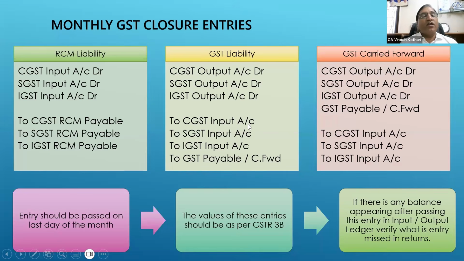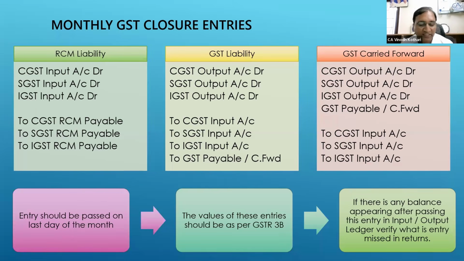In the same way, if you have an RCM liability, see what happens. If I am liable to pay RCM on rent, first, what do I have to do? There is a compliance procedure in RCM which many of them miss. Now they have made it mandatory that whatever RCM ITC you are claiming, you should generate a self invoice, and that self invoice numbering should be updated in the GSTR-1.